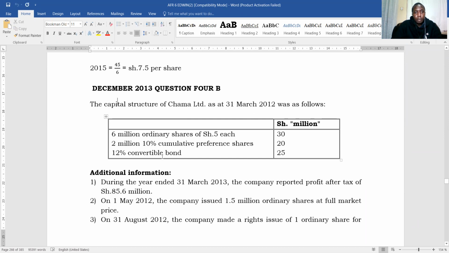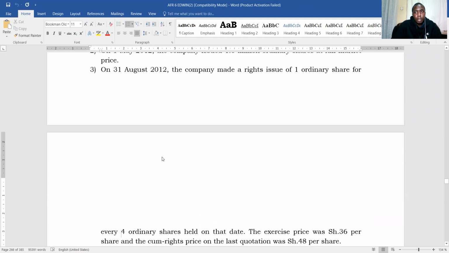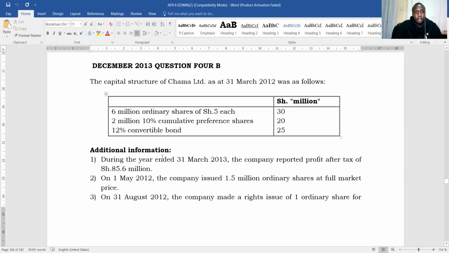Then we have additional information. During the year ended 31st March 2013, the company reported a profit after tax of 85.6. Then on 1st May 2012, the company issued 1.5 million ordinary shares at full market price.